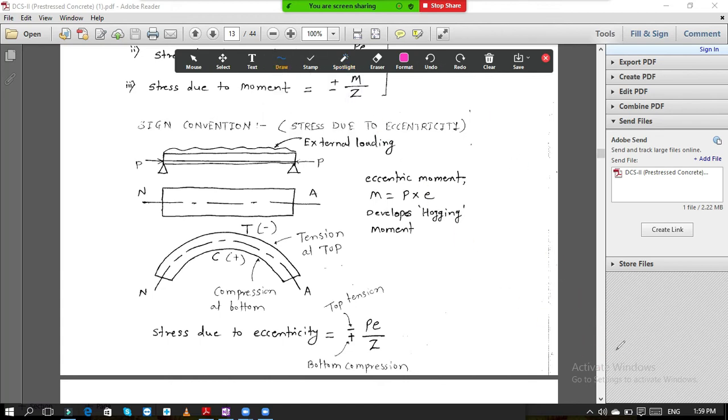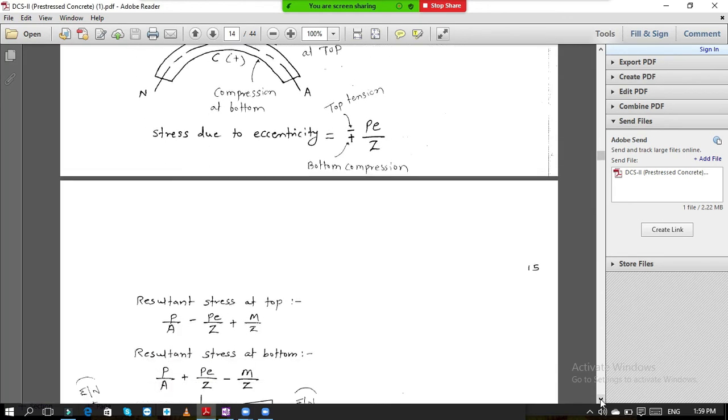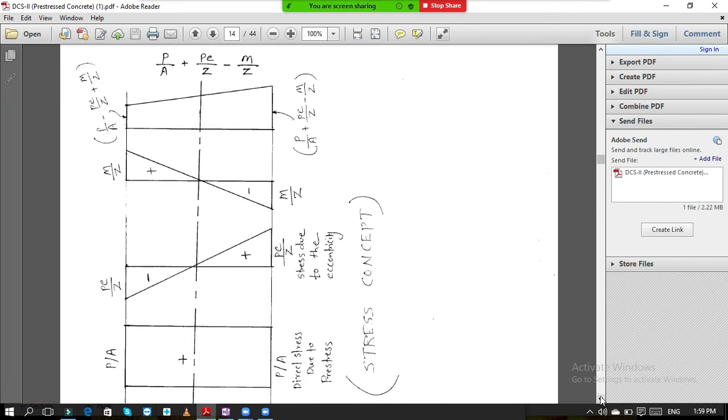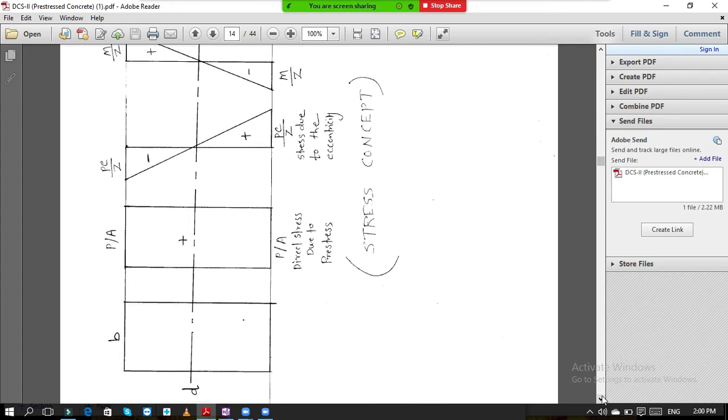Now I think a numerical may be there. So this diagram, whatever we have drawn, it is there.